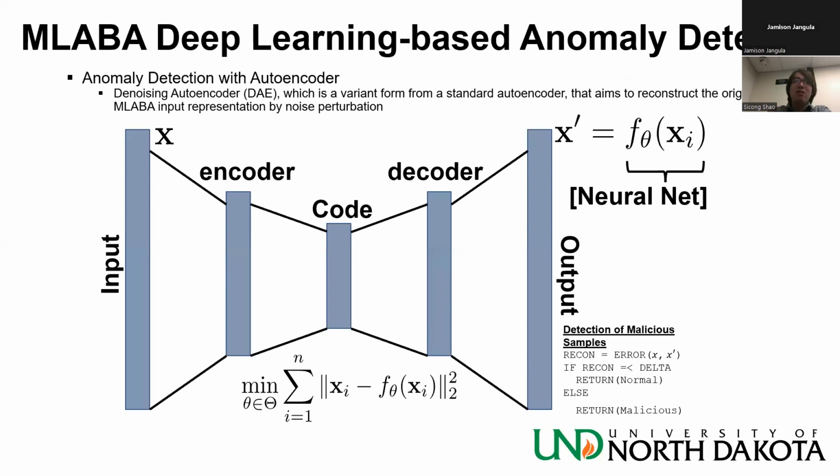The machine learning algorithm we use is a deep learning based approach, which is the autoencoder. The capability of an autoencoder is that it is able to reconstruct your input on the output layer. So this is an autoencoder. Usually an autoencoder is used for a dimension reduction task, but it can also be used for anomaly detection.